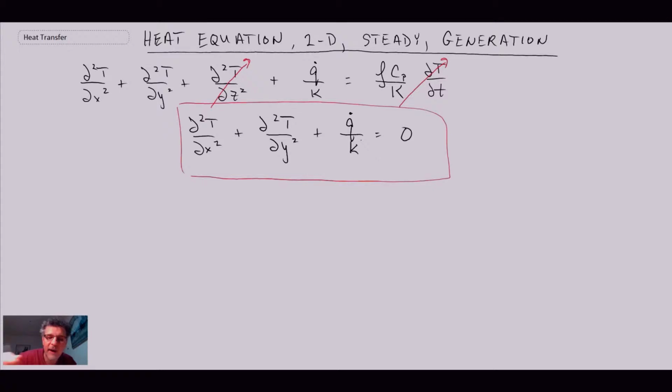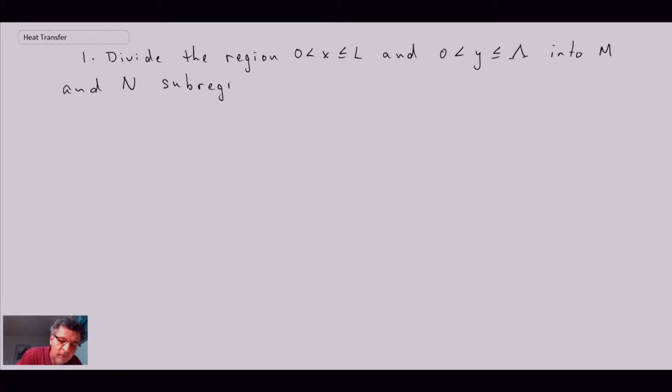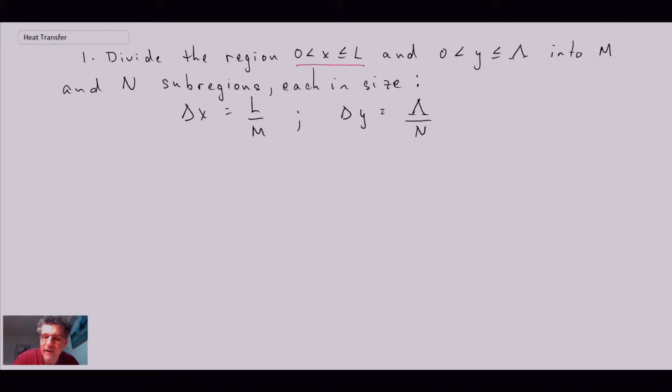And if you recall from last lecture, we said that it was a multi-step process. The first step is that of grid generation. So we're going to go through the steps and come up with our grid. We'll begin by dividing our region, and our region is going to go from 0 to L in the x direction, and 0 to capital lambda in the y direction.